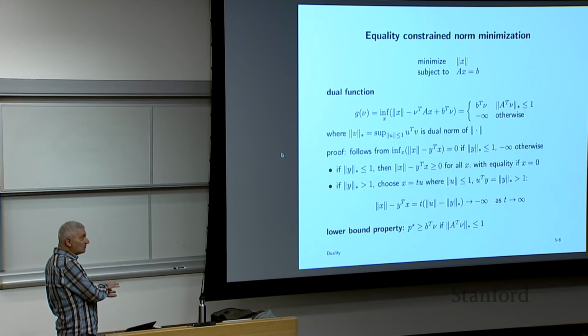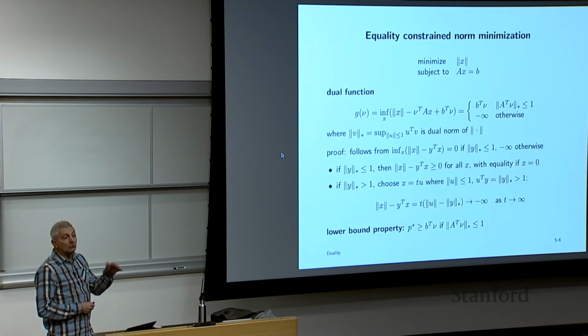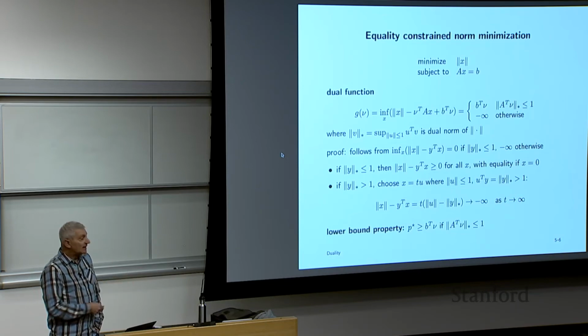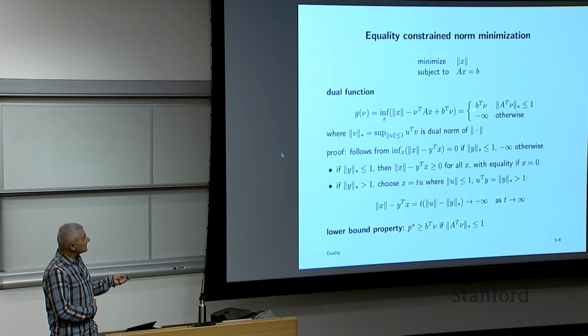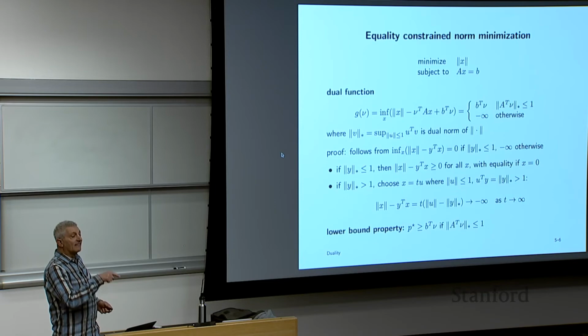When I minimize the norm minus a linear function, I either get 0 or I get minus infinity. And so here you would get this thing. I'm not going over the details, I would let you do that. So the dual function is this linear function B transpose nu, provided the dual norm of A transpose nu is less than or equal to 1. Right? So that's what you get.